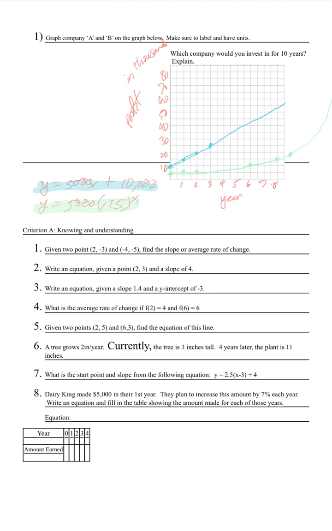You would say something like, I would invest in company A if I'm doing short term, maybe 10 years, because profit for company A is still greater than company B. And if I'm planning to do like 20 or more years, I'm guessing company B would be a better deal.